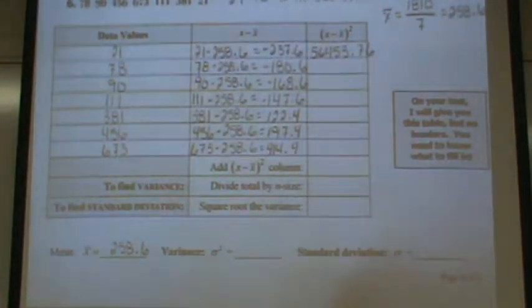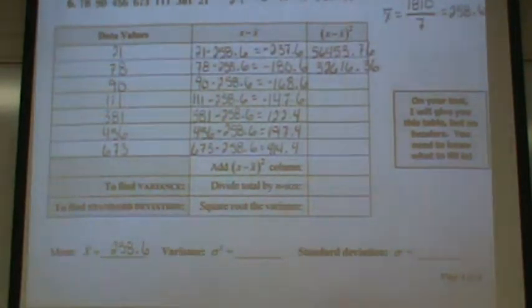That gives us 56,453.76. 180.6 squared is 32,616.36. 168.6 squared is 28,425.96.